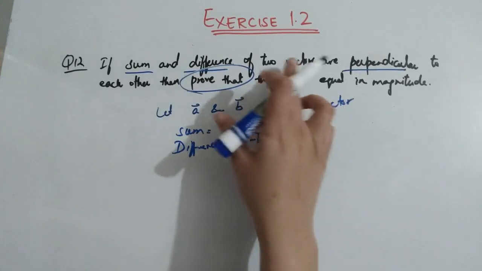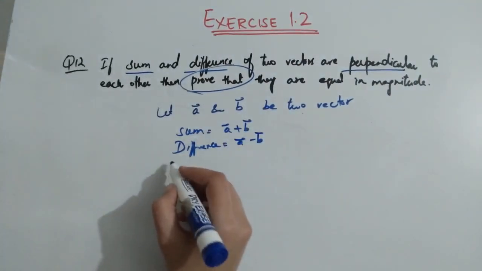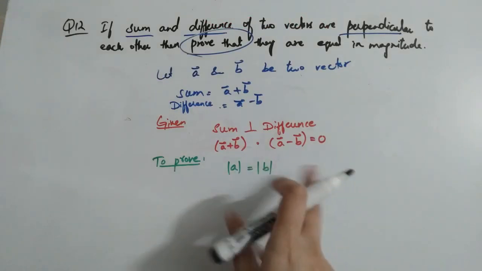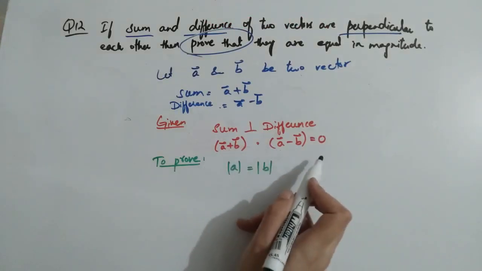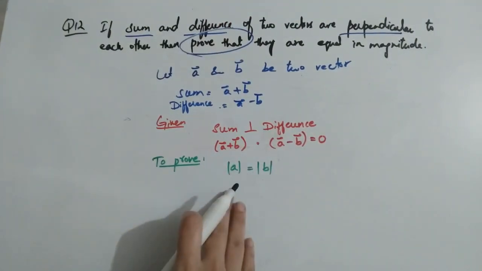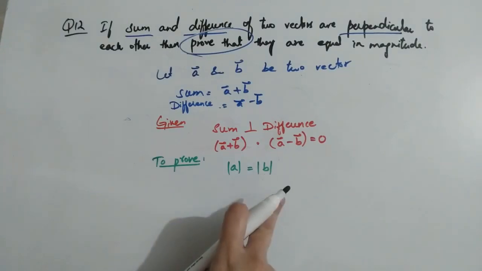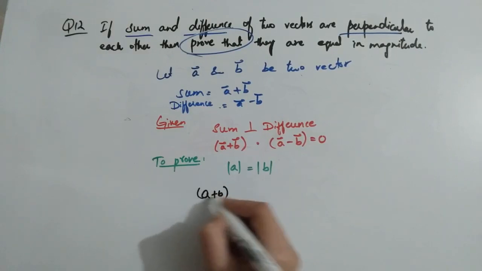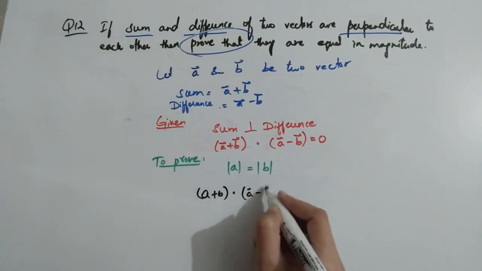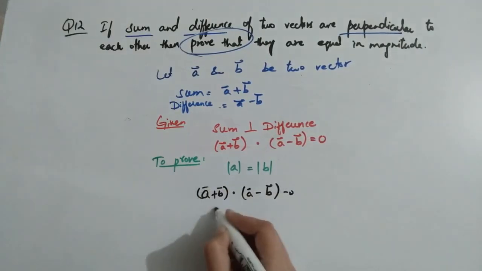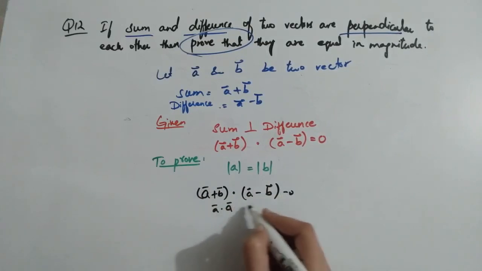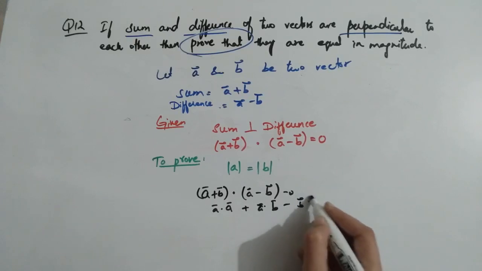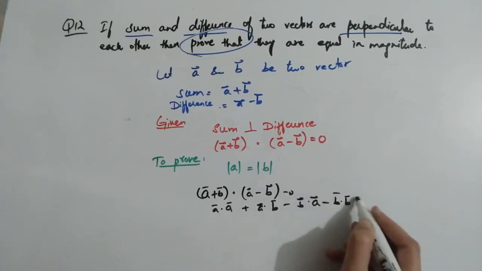Now as you see that given the vectors are perpendicular, according to the given condition, sum is perpendicular to difference, so the dot product will be 0. This is given. Now to prove that the magnitude of both vectors will be same, solving this identity, A plus B dot A minus B equals 0, A dot A plus B dot A minus A dot B minus B dot B equals 0.